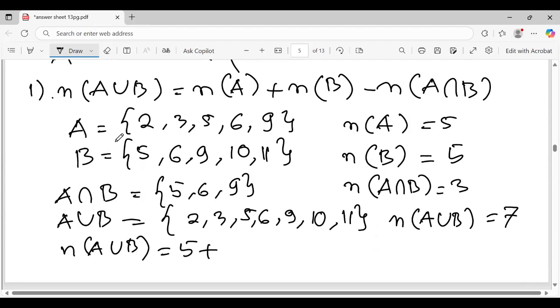Plus n of B, how much? 5. Minus n of A intersection B, 3. 10 minus 3 is 7. So pay attention that n of A union B equals 7, and based on this formula, the result is 7 as well.